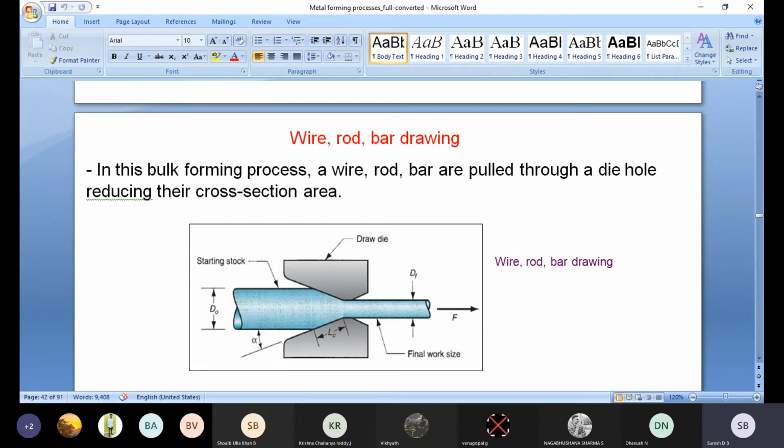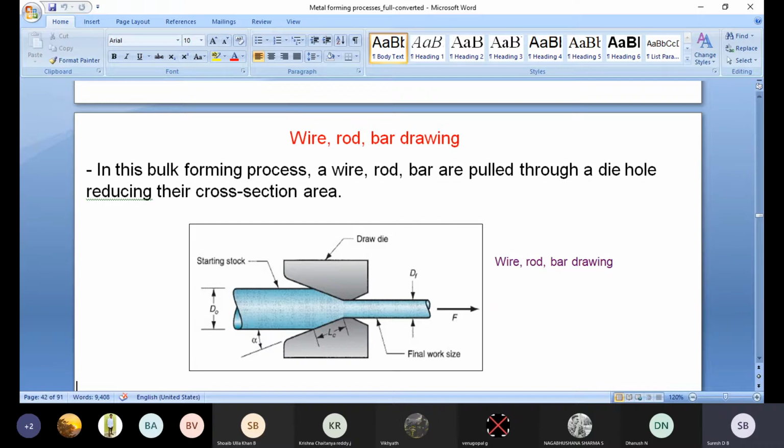Next, wire, rod or bar drawing. In the drawing process, the material is fed in between two dies, or die walls, and pulled between the two die walls. This is called the drawing process.